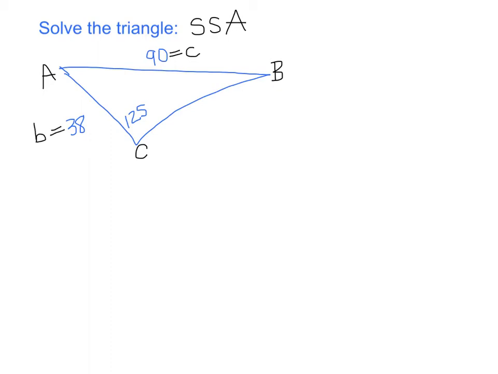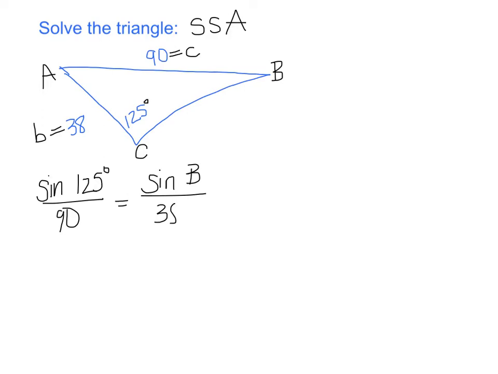First I'm going to use the law of sines to help me find angle B. I'll do sine of 125 degrees over the corresponding side, which is 90, equals sine of big B over little b, which is 38.